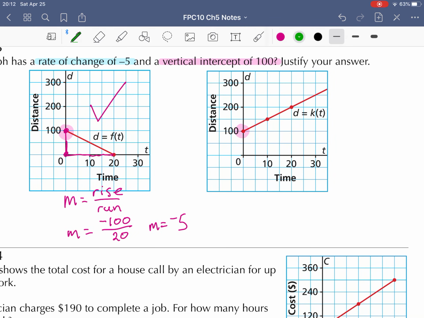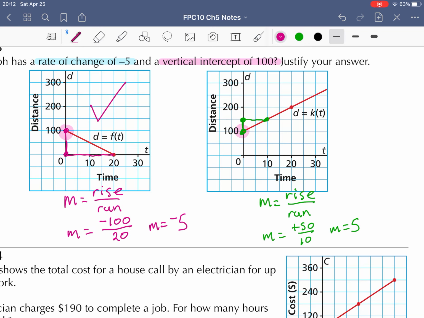Let's take a look at the slope of the other graph. Slope is equal to its rise over its run. Now we start here and we go up 50 over 10. So that'll also have a slope of 5, but this has a positive slope, not a negative slope.